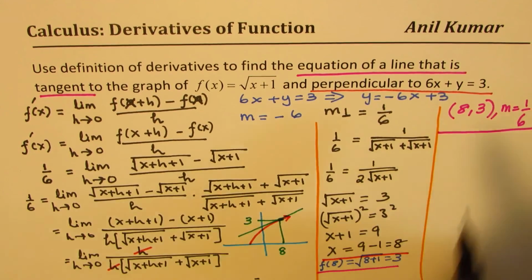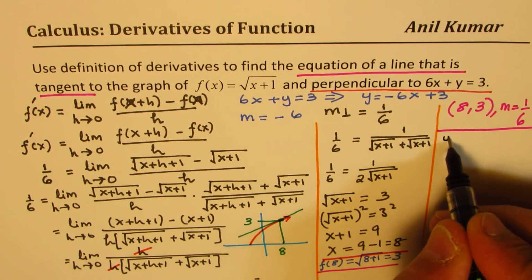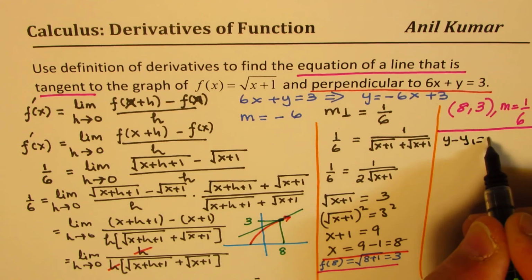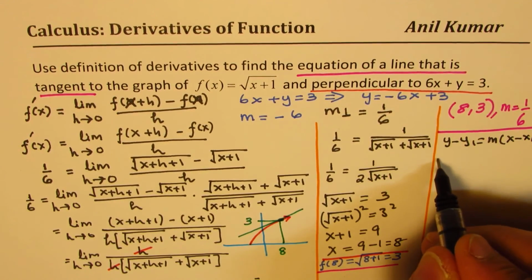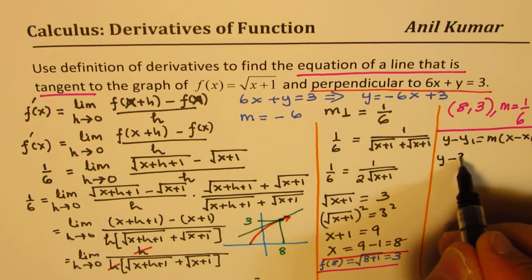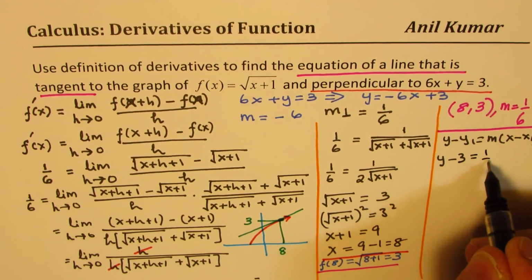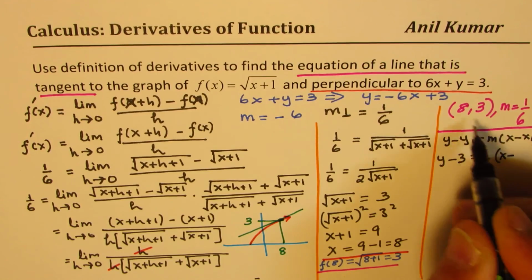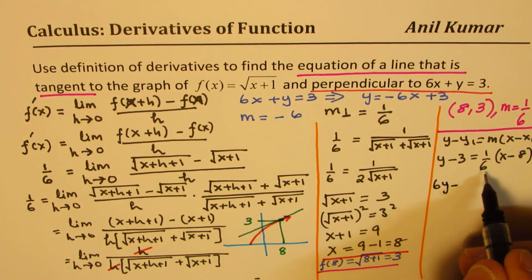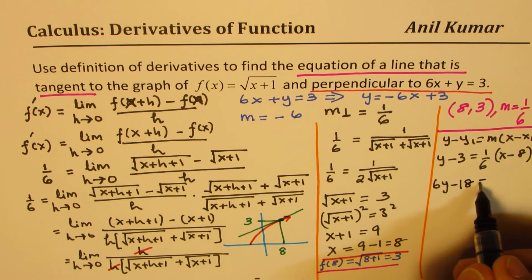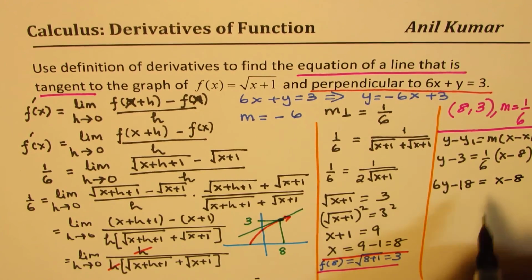Now we need to find the equation. So we can write the equation in the form of y minus y1 equals to m times x minus x1. So we have y minus y value of 3 equals to slope 1 over 6, x minus x value of 8. Cross multiply, 6y minus 18 equals to x minus 8.